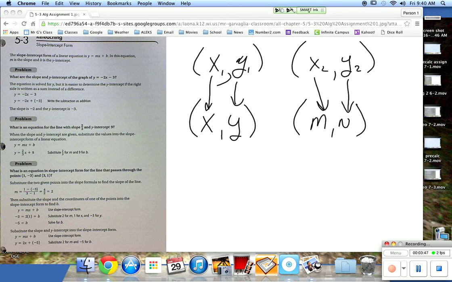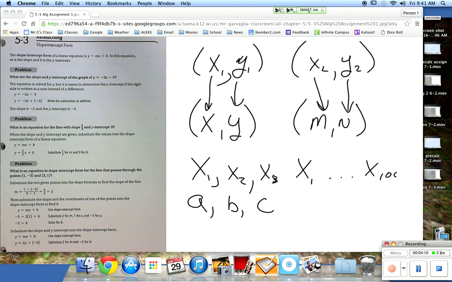And you will see things where you have x1, x2, x3. All that says is that's a different variable. This could be written as A, B, and C, for that matter. But eventually you'll get into things where you go x1 up to x100, 100 different variables.